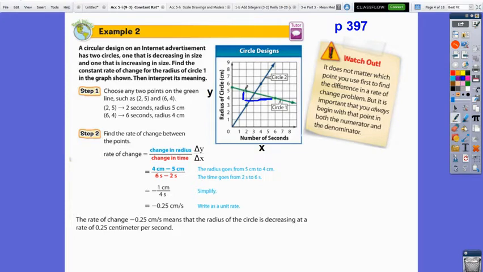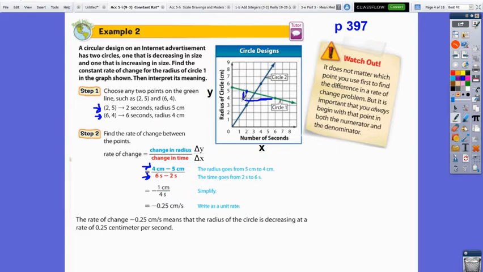But for now, if we pick the values here, you can sort of make your own little table of 2 values. So x value of 2 and a y value of 5, that's the point right here, and an x value of 6 and a y value of 4. So that's where these came from. You just took those off the graph. And so then you can find the change in y value, that's 4 minus 5, over the change in x, 6 minus 2. 4 minus 5 over 6 minus 2 is a change of negative 1 centimeter for a change in 4 seconds, right?